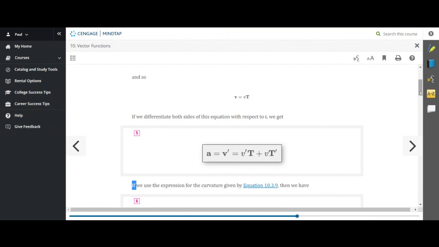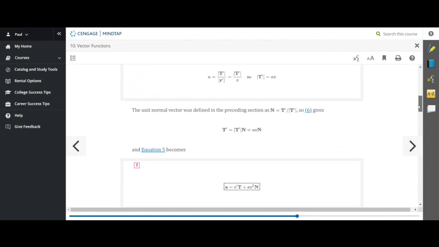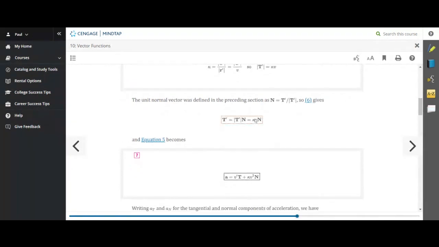We're going to replace the derivative of the tangent vector with the curvature times the speed times the normal vector, this expression here.